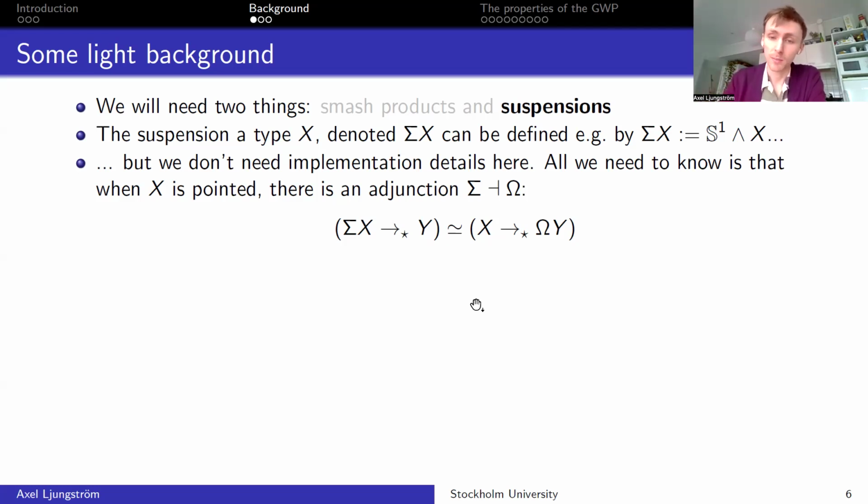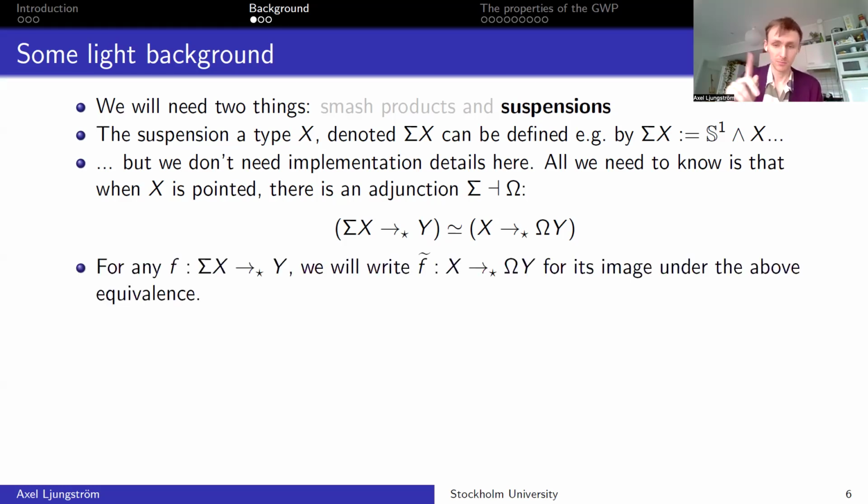We don't really need implementation details here. In this talk, all we need to know is that when x is pointed, there's a pointed adjunction between suspensions and loop spaces. So pointed maps out of the suspension of x into y are the same thing as pointed maps out of x into the loop space of y. I'll be using this all the time in this talk.